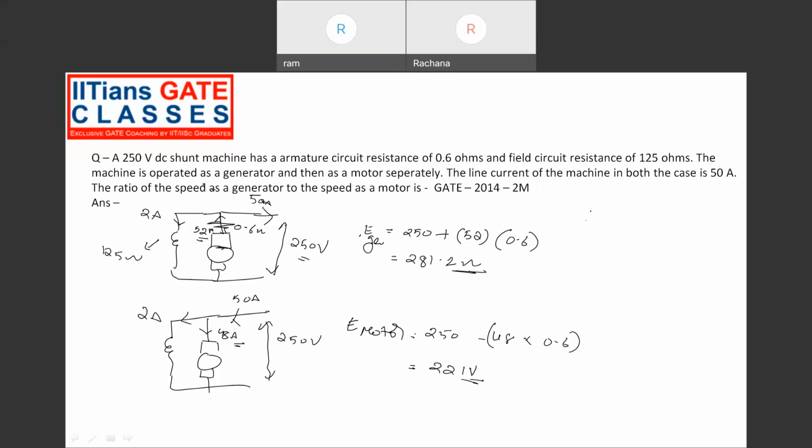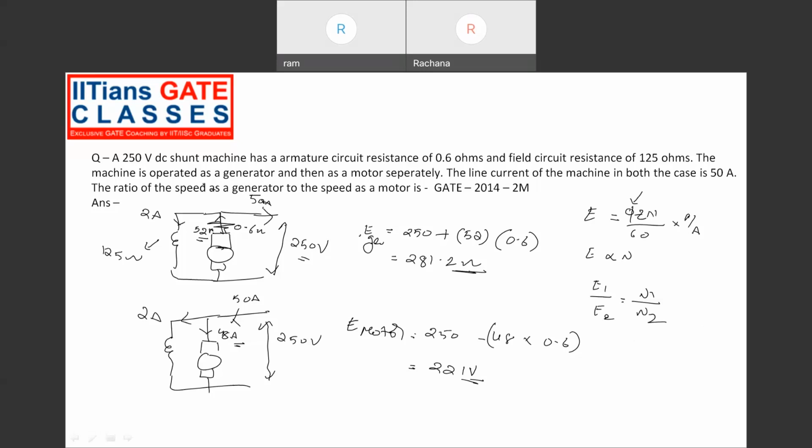We know that the induced EMF can be given as E is equal to ϕZNP by 60A. So E is proportional to ϕN. Flux is constant, say it's a shunt machine, and we're operating the same machine. So E1 by E2 equals N1 by N2.